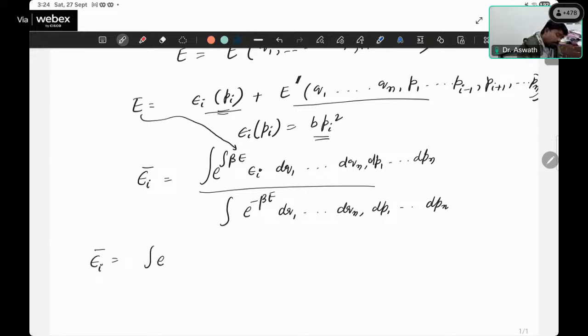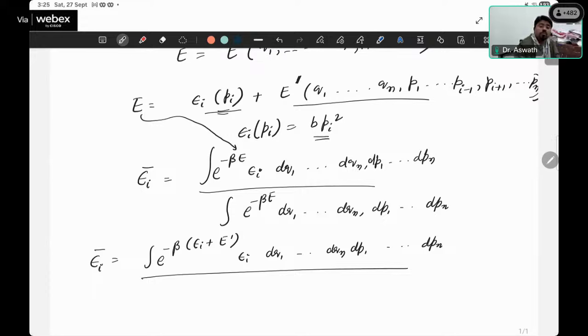E_i is equal to the integration over exponential minus beta, in place of E, I should put E_i plus E prime, times E_i, dq1 to dqn dp1 to dpn, divided by the same thing for the denominator, the integral of exponential minus beta (E_i plus E prime) dq1 to dqn dp1 to dpn.